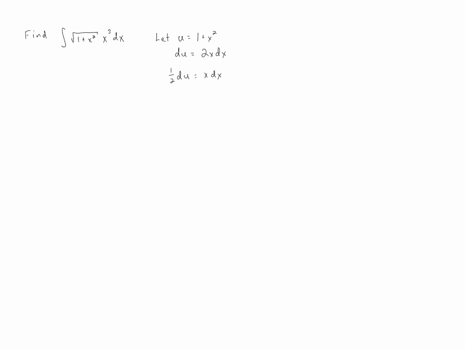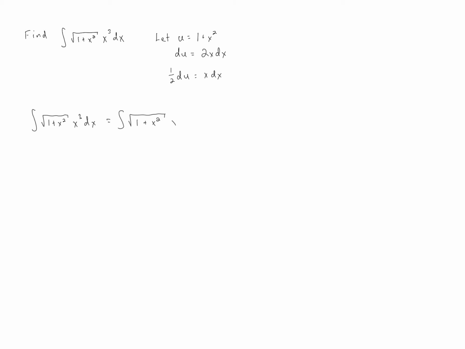However, not all is lost. We actually can proceed with this. What I'm going to do is take the integral, and we're going to take that x cubed dx and split it up into two different things.